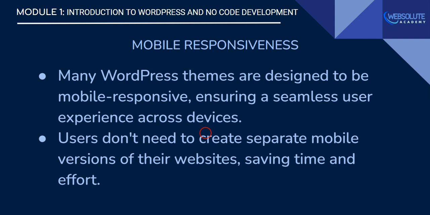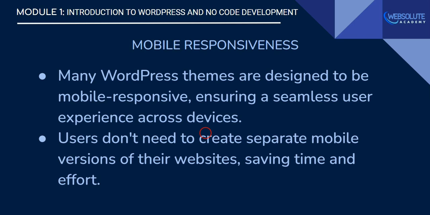But WordPress simplifies this, and you don't need to pay any developer to create a mobile version of your website, and it saves you a lot of time and effort. It saves you a lot of cash. So that is how WordPress simplifies web design.